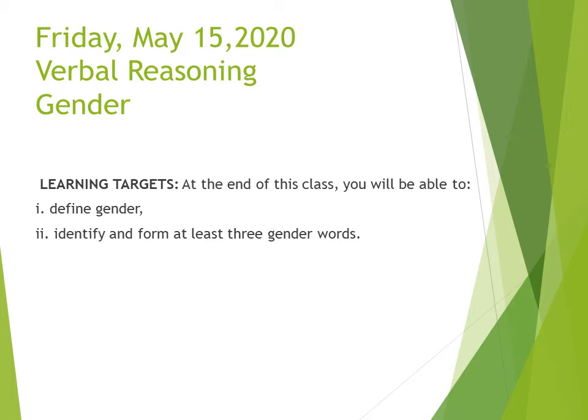It could also be as a result of social conditioning, what the society has classified as a male and as a female. So gender has to do with the physical appearance.